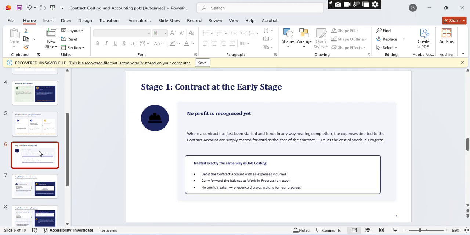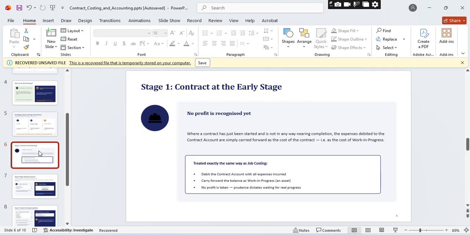So that says, one, when the contract is at the early stage, at this stage, you don't recognize any profit. Now, when a contract has just been started and it is not in any way nearing completion, the expenses debited to the contract account are simply carried forward as the cost of the contract, that is, as the cost of work in progress.